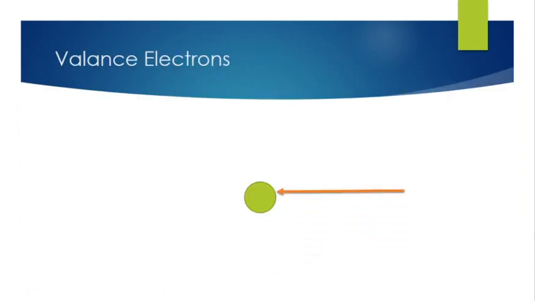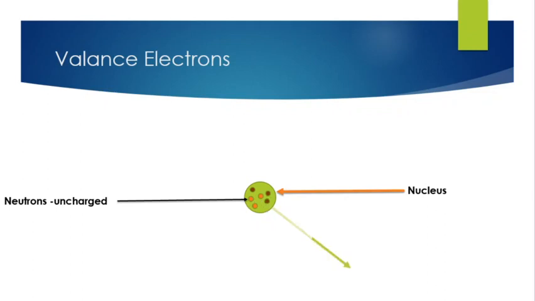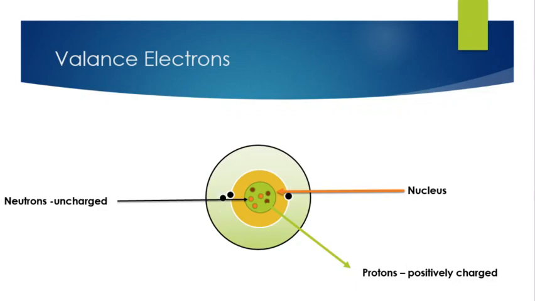We will start with the term atomic structure. Here you can see green color circle which is the center of the atom which is called nucleus. Nucleus contains neutrons which are uncharged particles and protons which are positively charged particles. That is the reason nucleus is always positively charged.